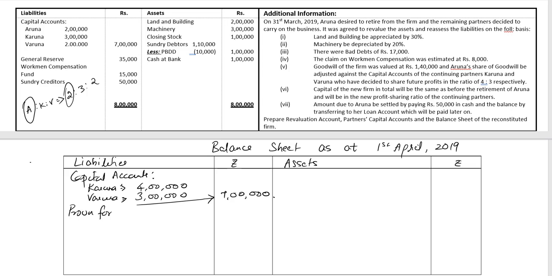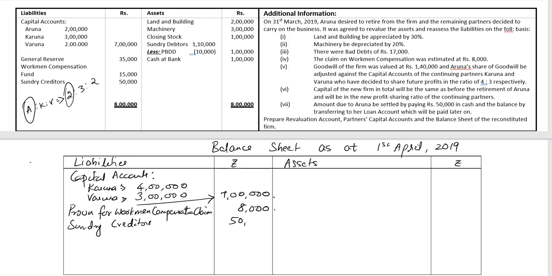Provision for workman compensation claim, 8,000 rupees. Sundry creditors. There is no change in the value.